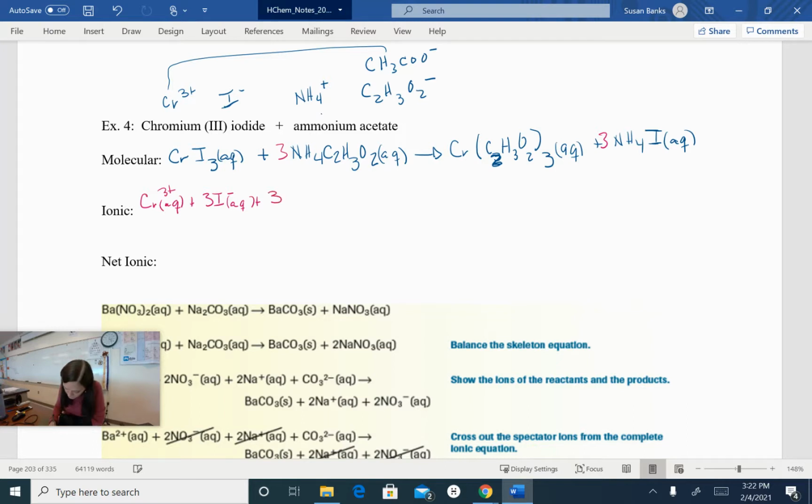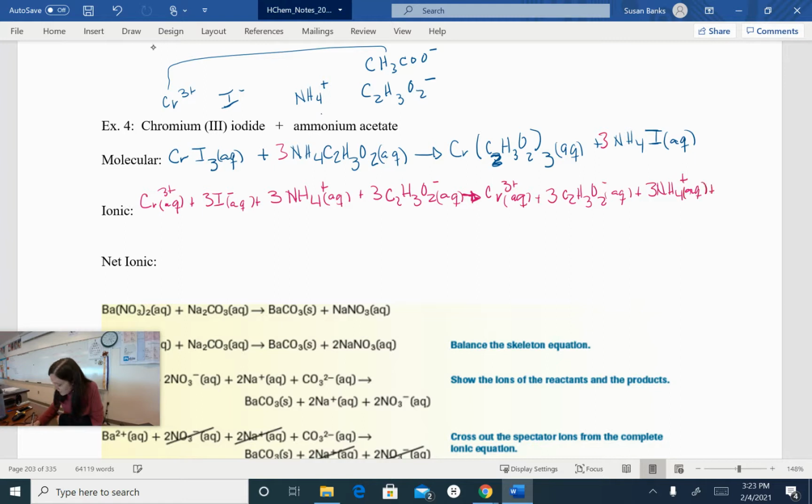I'm going to need to have 3 ammoniums plus 1 aqueous and 3 acetates aqueous, and that's going to go and make chromium plus 3 aqueous plus 3 acetates aqueous plus 3 ammonium groups, aqueous, and 3 iodides, aqueous.